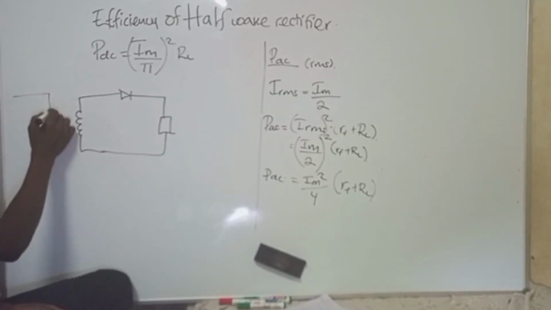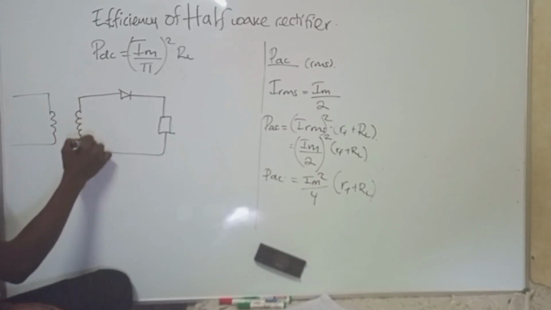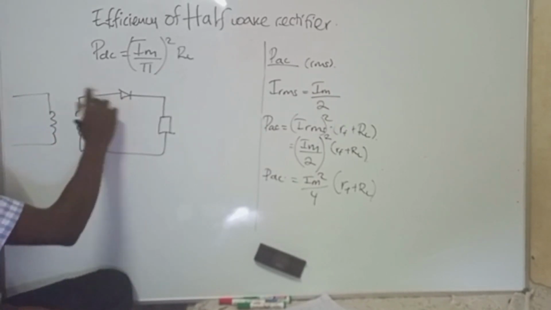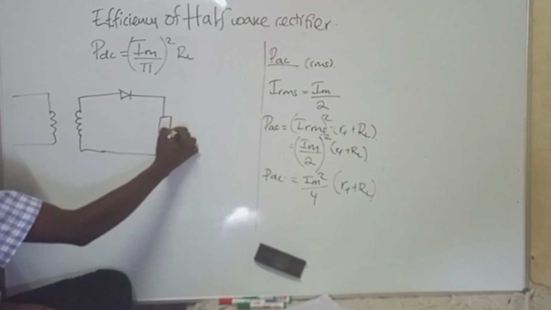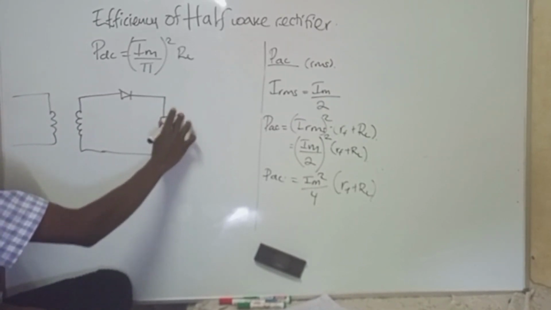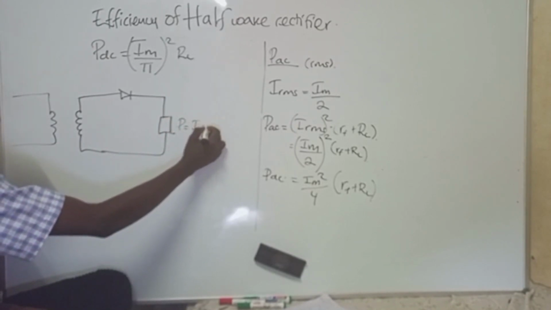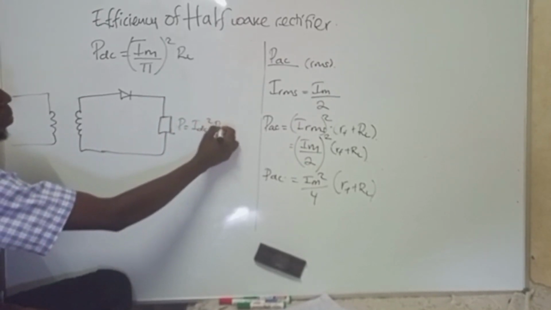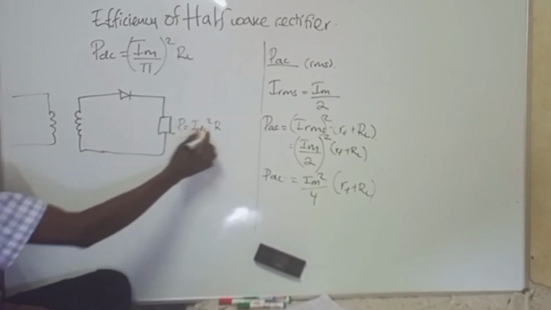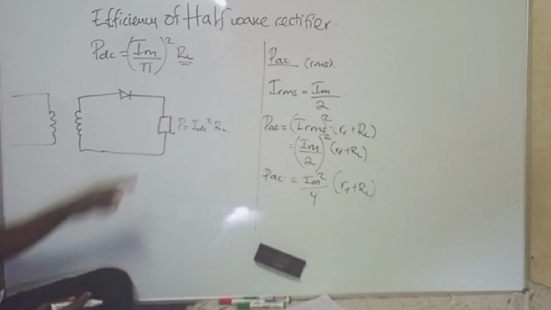Leave alone the power coming this side. The power delivered to the load is going to be equal to I_DC squared times the R of the load alone. That's why I have R_L in this equation.